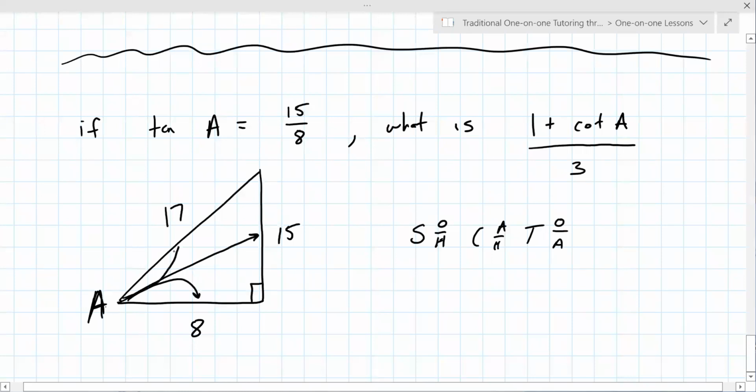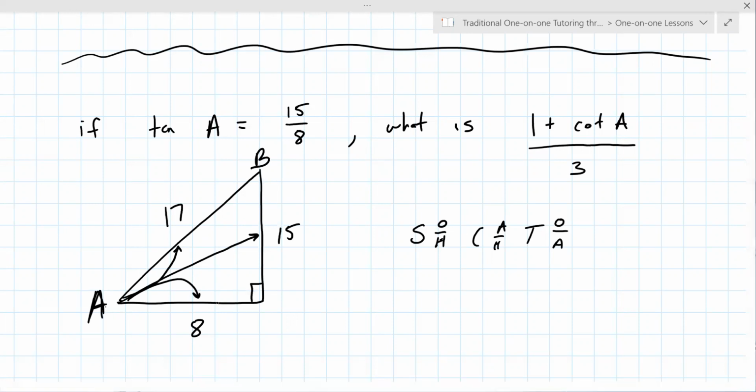You could argue that 17 is next to, but because it's the longest side, it's given the designator of hypotenuse rather than adjacent. But it depends where you are. If you're up here at B, adjacent is now 15, and opposite is now 8. Somehow we gotta get that really down, because every problem will be missed as a result of that.